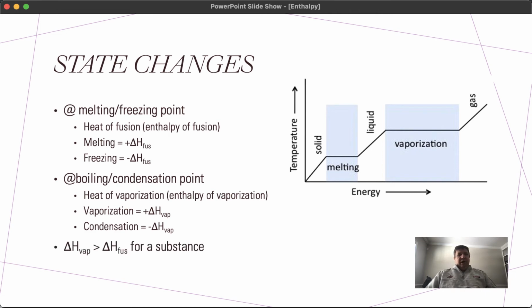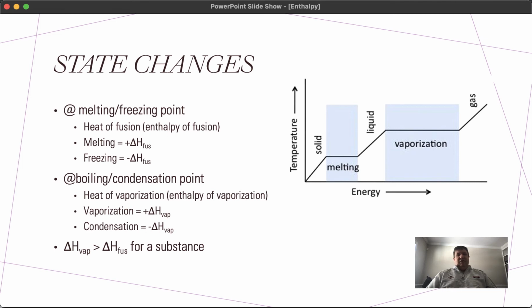One thing to remember is that under normal conditions, I can't say always because pressure can play such a significant role in this, but under normal atmospheric pressure, the heat of vaporization is going to be greater, usually significantly greater than the heat of fusion.